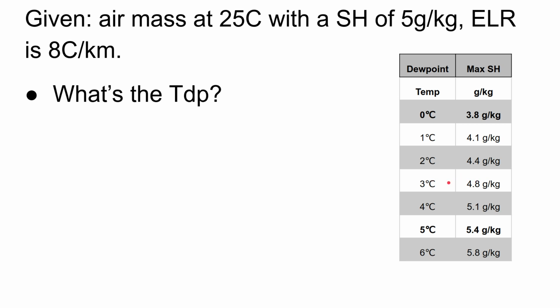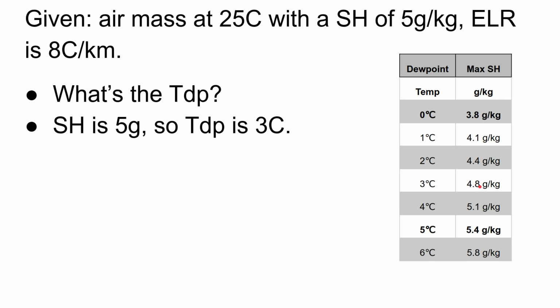So we'll say dew point is 3 Celsius. In reality, it would be slightly higher than 3, but we don't need to do that. It's good enough to just go, well, if it's 5 grams, at 4 you wouldn't have condensation. The next degree down would be 3. So at 3 degrees, we would definitely have condensation. So we're going to say the dew point temperature is 3 Celsius.